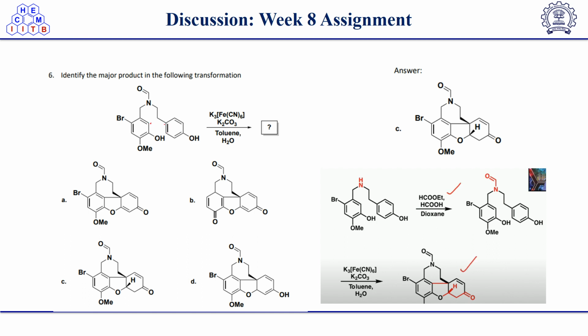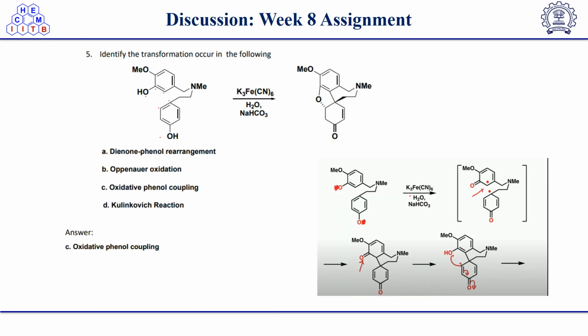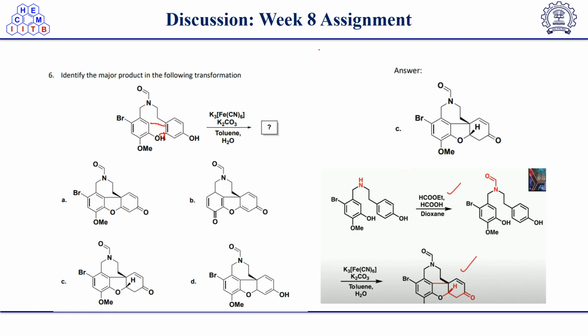So these two radicals will couple to form a bond here, and then this oxygen's electrons will attack at this particular position, and it will result in this enol kind of compound, which will rearrange to form the alpha beta unsaturated compound. So as in the previous question, here also one kind of intermediate, then coupling, and then this oxa-Michael addition will be happening. So we will get the corresponding option C as the major product.